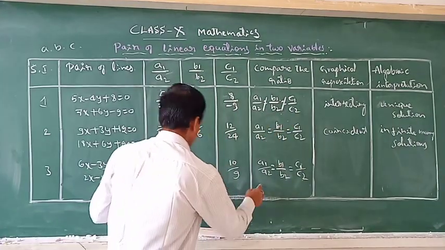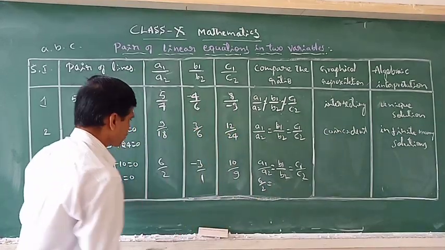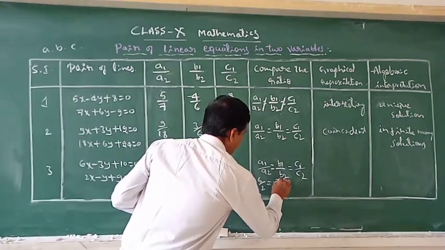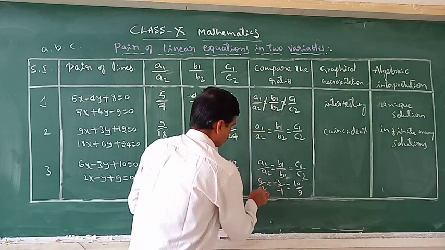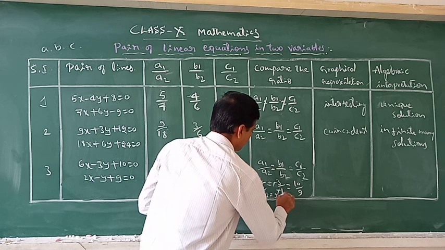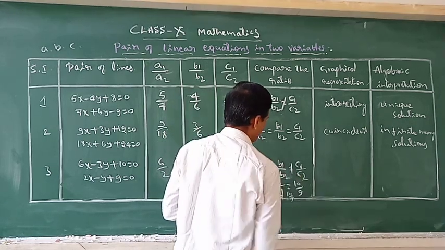First one, 6 by 2, is 3. Here it is minus 3 divided by minus 1, minus minus cancel, so that is 3. So 3 is equal to 3, but it is not equal to 10 by 9. So these two are equal and this one is not equal.